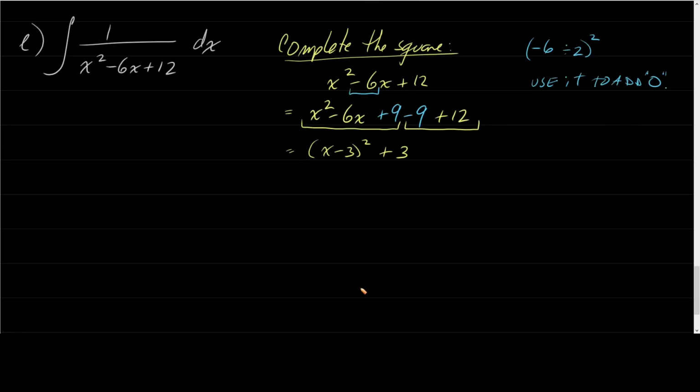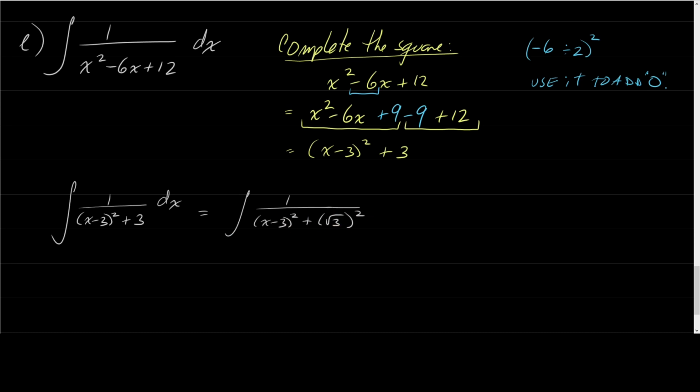So what this tells me now is that the integral that I started with can be rewritten as the integral of 1 over x minus 3 squared plus 3 dx, which is really just saying the integral of 1 over x minus 3 squared plus radical 3 squared dx. That follows a very specific format.